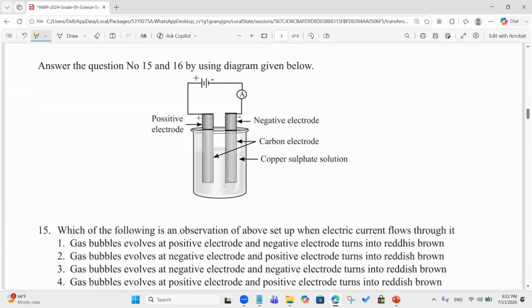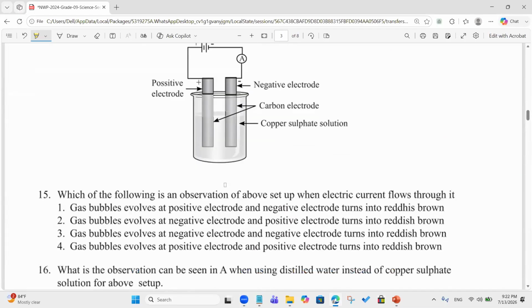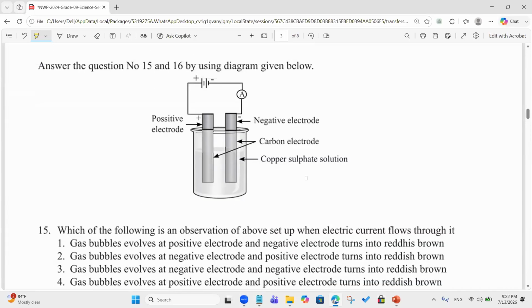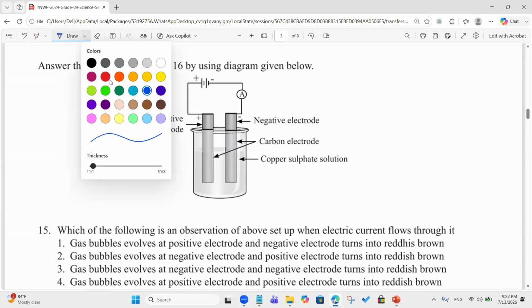Okay, number 15 and 16. Based on this diagram, you can see this is a setup of electrolysis of copper sulfate solution. So what's the answer? During the electrolysis, what happens, Lamai? Yes. This solution contains different ions: copper ions, sulfate ions, hydrogen and hydroxyl ions, right?